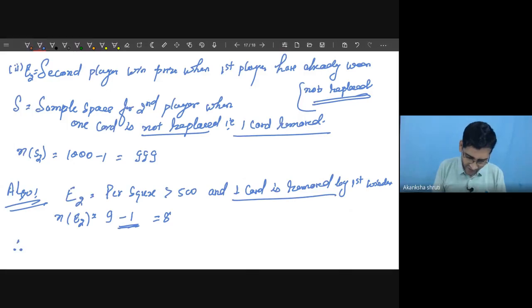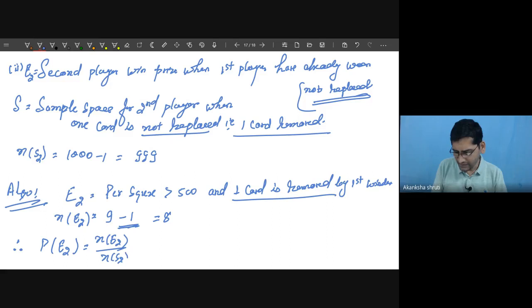Therefore, what is the probability for the second player to win? Yes, student, both the things are reduced. So NE2 by NS2, this time the new sample space, so 8 divided by 999. It's so simple.